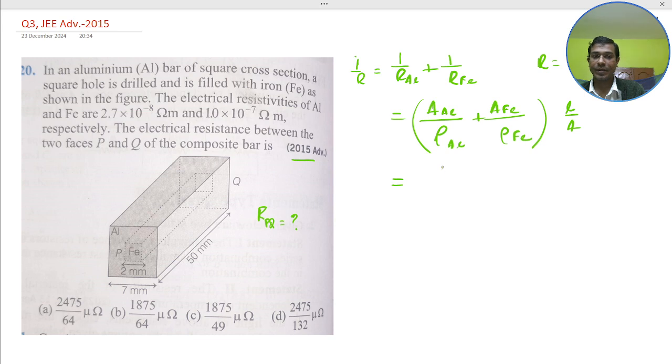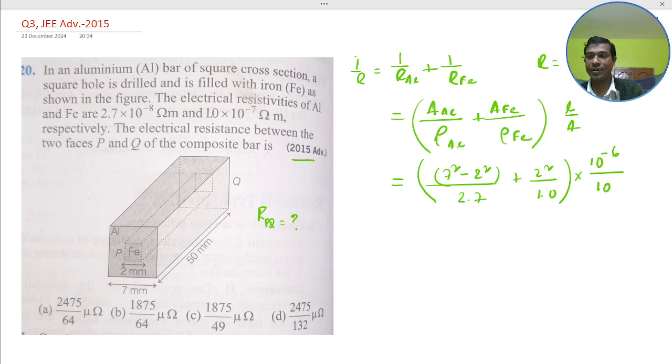A means outer radius minus inner radius, 7 square minus 2 square divided by rho given 2.7, plus 2 square by 1.0, and this is just transferred into SI unit, 10 to the power 6 minus 10 to the power 8, into 1 by L. L is given as 50 millimeter, so millimeter converted into meter, 50 into 10 to the minus 3. Just calculate and get this result.